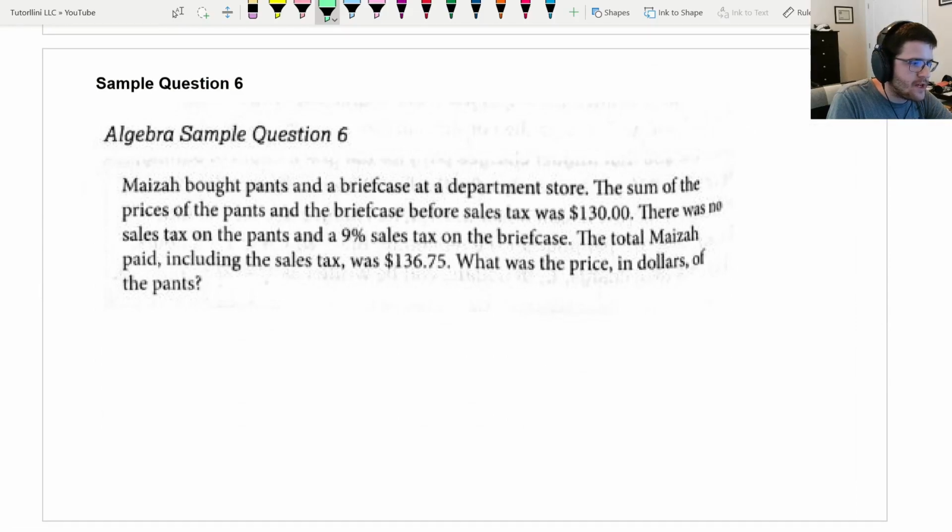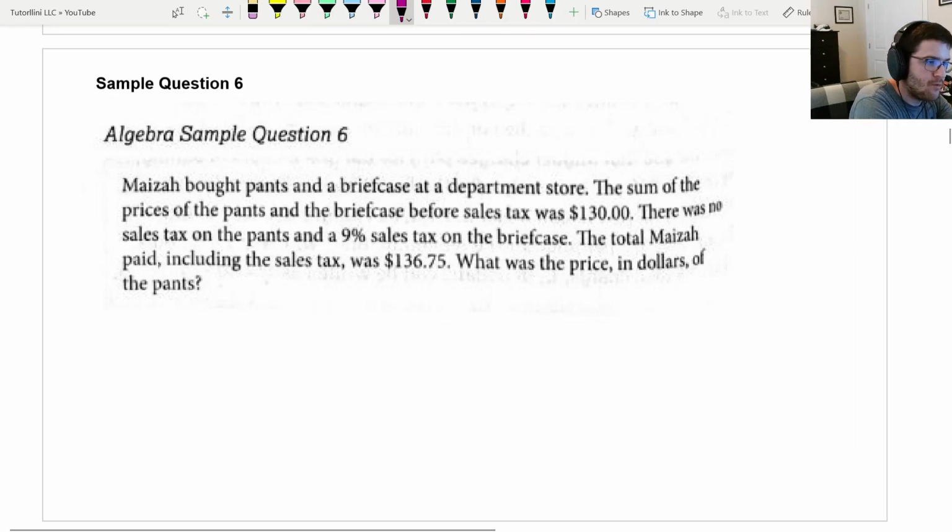Okay, the sum of the prices of the pants and the briefcase before sales tax was $130. There was no sales tax on the pants and a 9% sales tax on the briefcase. So first things first, we've got some percent change going on here.